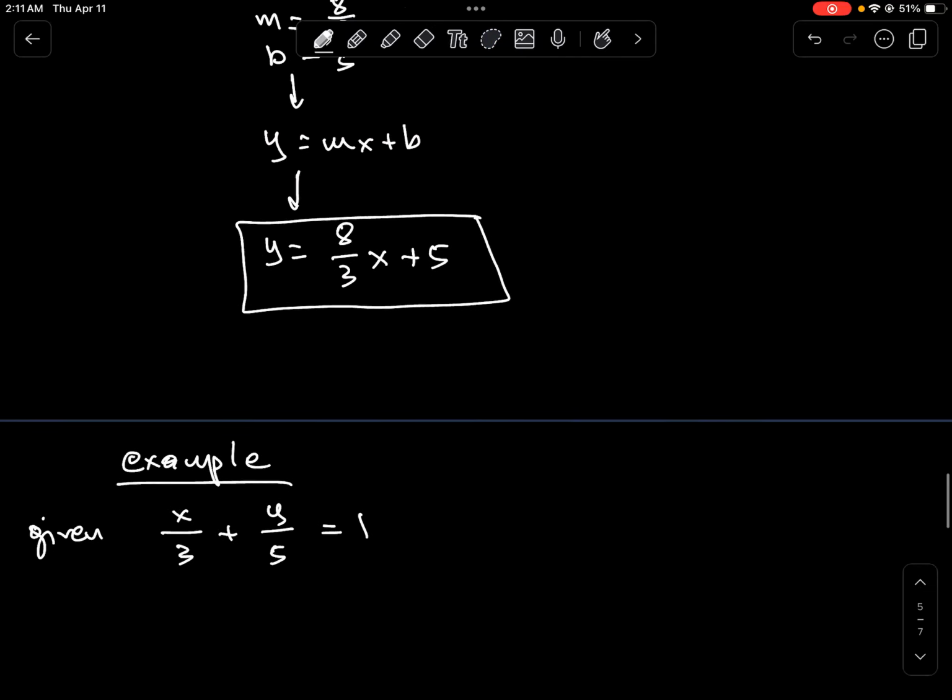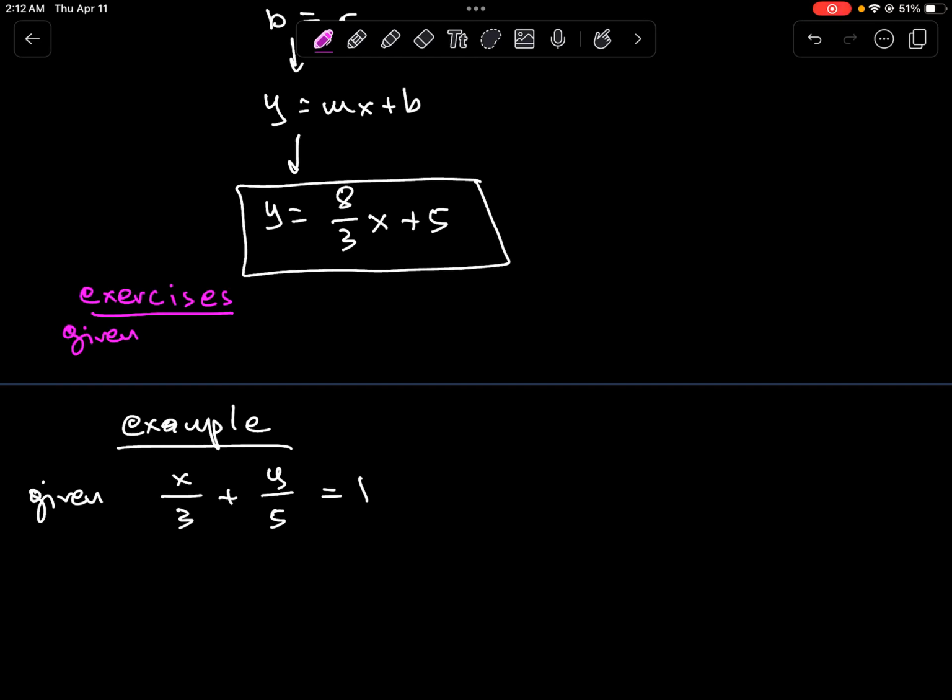before I go, here are your exercises. Let me give you two standard forms: -2x - 5y = 3, and 7x + 2y = -5.